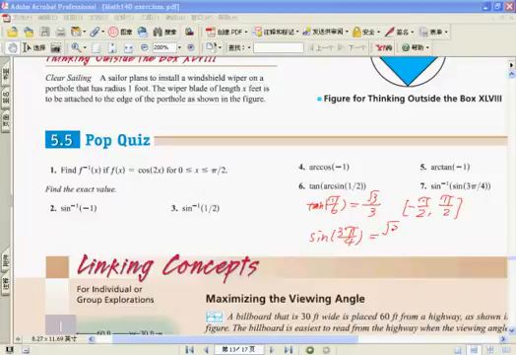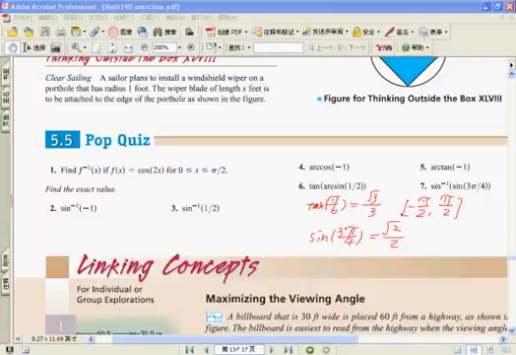Root 2 over 2, because the reference angle is pi over 4, right? And this is in quadrant 2, so the sine function is positive. So it's equal to sine of pi over 4, which is root 2 over 2.